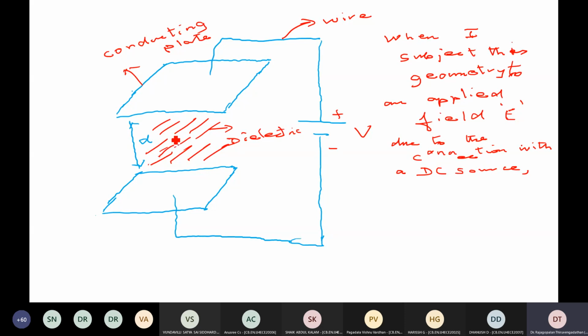Now, when I subject this dielectric to the applied field, polarization happens. By polarization, I mean the process of the center of positive charge and the center of negative charge separating by a finite distance. Each of these constitutes what is known as an atomic dipole, and the atomic dipoles align with the field.